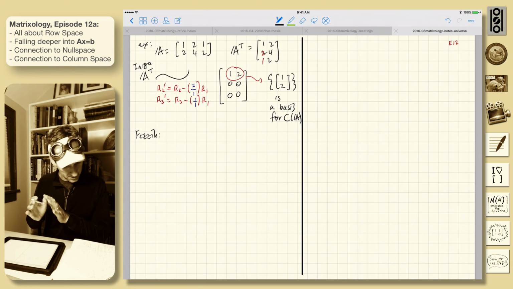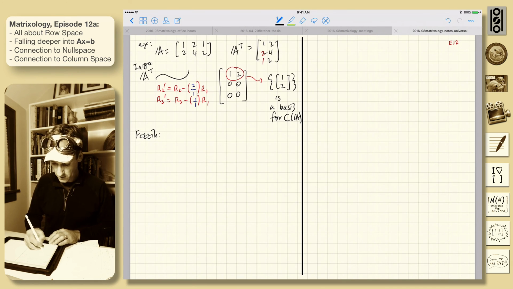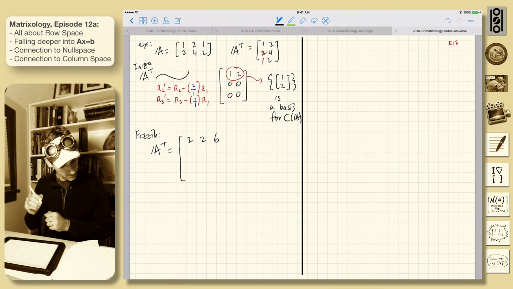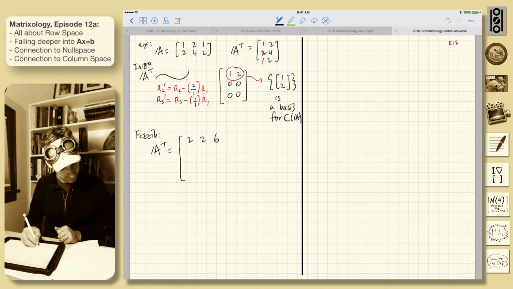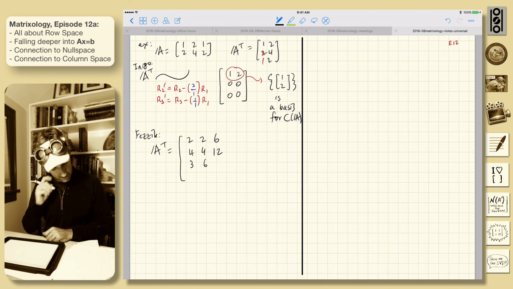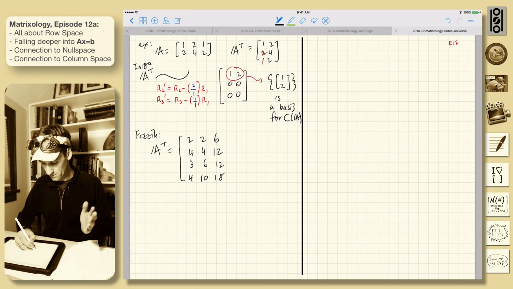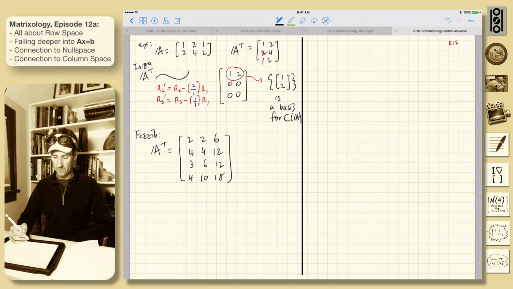All right, and then we'll finish this section. I think that's enough. So we have A transpose, with rows 4, 4, 12 and 4, 10, 18. And you do all this reduction, so we do all this stuff. I can leave that for you to work out.